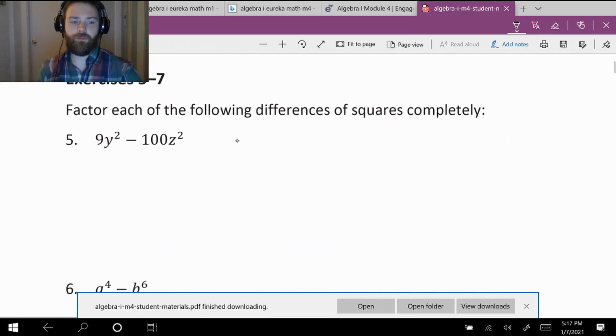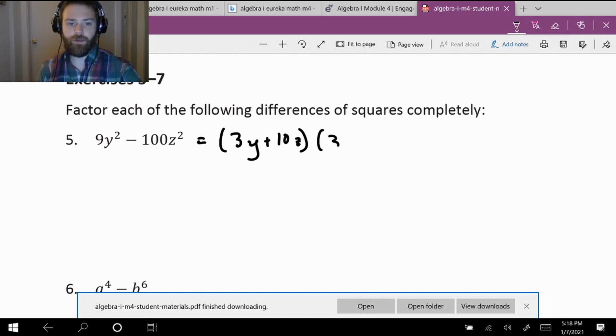And then here's some more stuff. So this is getting monotonous at this point, but we can go ahead and do it. 9y squared. The square root of 9y squared is 3y. The square root of 100z squared is 10z, so this will be plus 10z. And then 3y minus 10z.